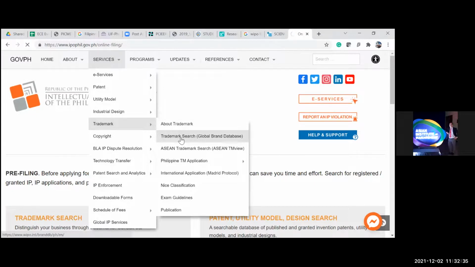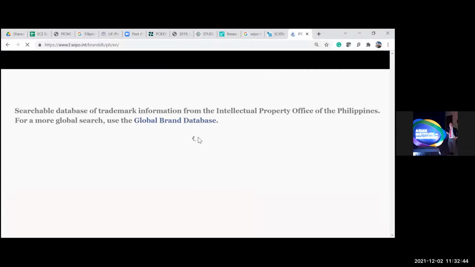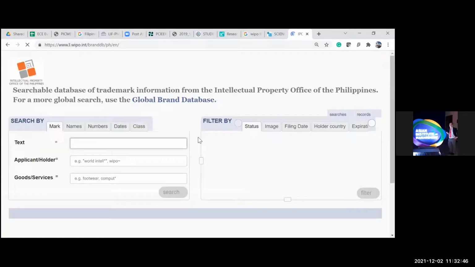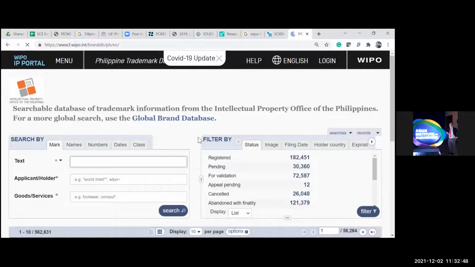I hope you're following. You click on that, and this is now the database of the IPOPHIL, which is also integrated with the World Intellectual Property Organization. This is where you can validate if indeed there is an existing trademark for a particular product or service.